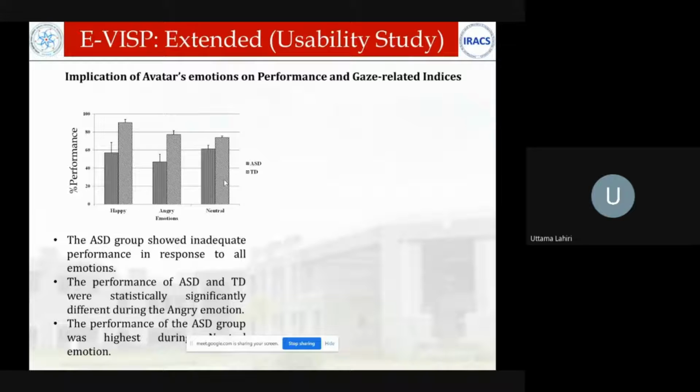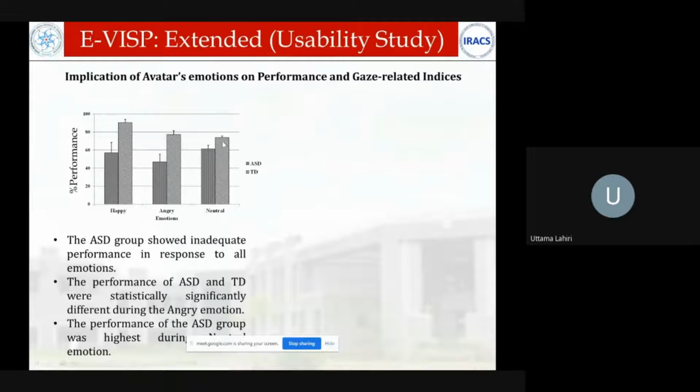Now the results are again very interesting. So we can see that overall, the first one, the straight lines, are the autism, and the oblique, the slanted line bars, are the typically developing child. So we can see that the children with autism were hardly at 60% performance, and 70% was the sort of threshold which no child with autism could achieve in any of the emotions.